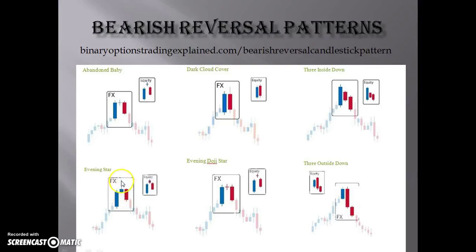Now this is an inverted hammer. It has a small body, a little lower wick, and a very long upper wick. So what you do is you wait for a bullish candlestick to form. And once the bullish candlestick forms, you also wait for a hammer to form.